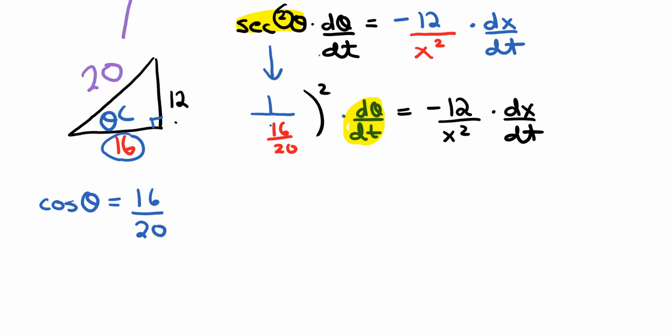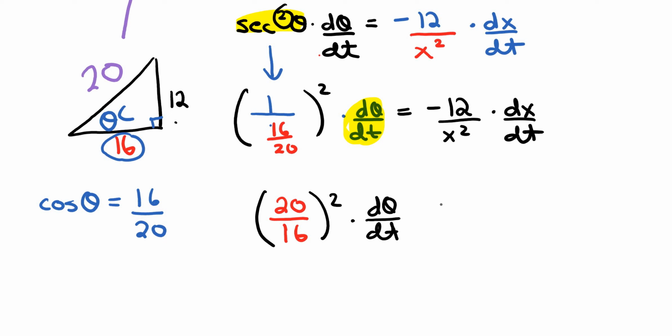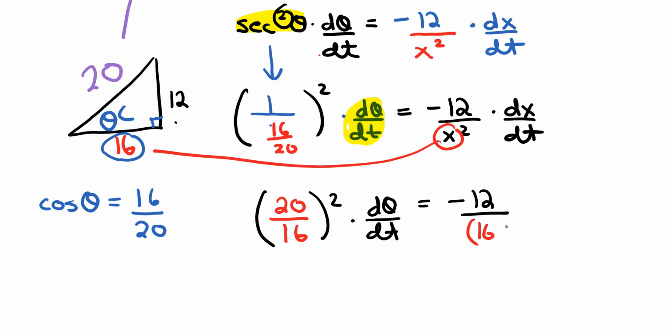And let me just erase that. And if you had to simplify this again, this is the same thing as now 20 over 16, all to the power of 2, times d theta over dt. That equals negative 12 divided by, well, what was x again? Well, x was 16. So that's going to be 16 to the power of 2.